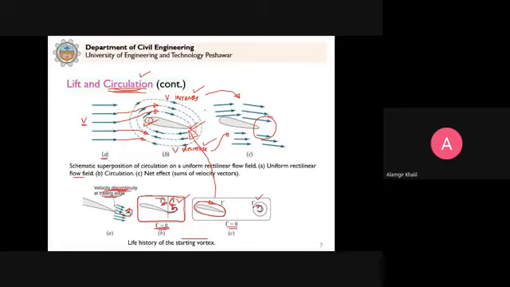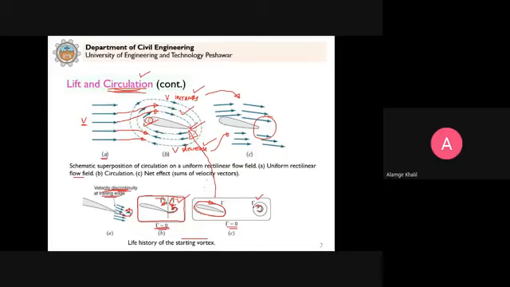If the aeroplane is at rest, then there will be no circulation. This circulation will only develop when there is motion. That's why when the aeroplane is standing, we cannot expect that a lift force will be developed and it will go up in the air.